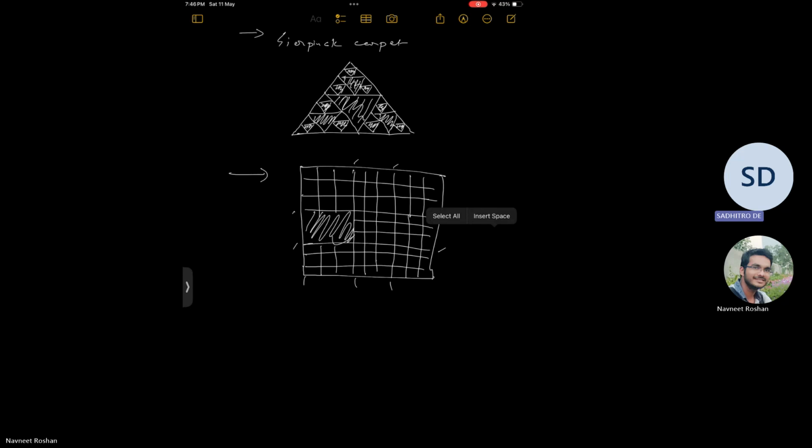We pick a square at random, we remove this one, we remove that one. Here we can remove this one, that one. Then for this one, we can remove this. For this one, we remove the middle one, and this one, this one. So you see, you can remove objects like this, and then you can go to finer and finer scales.